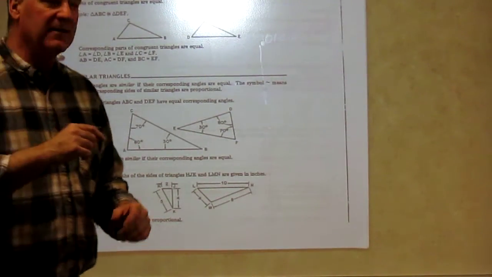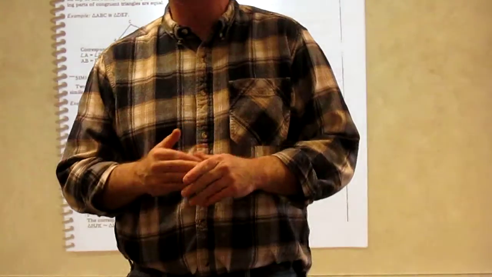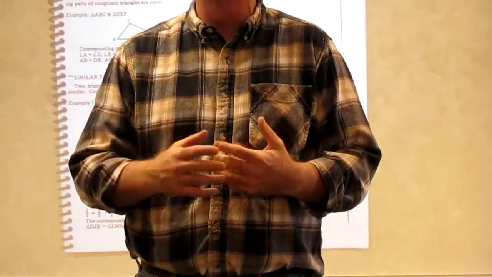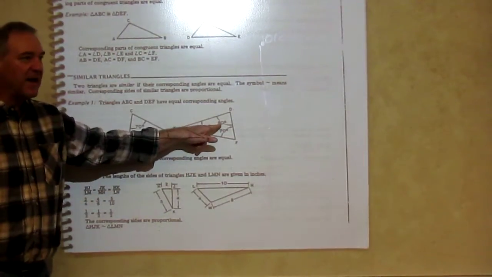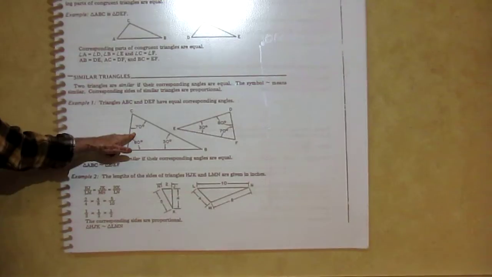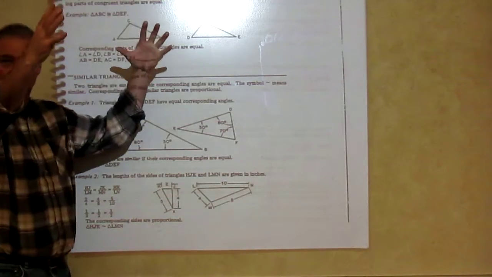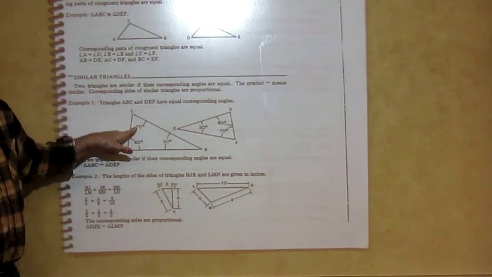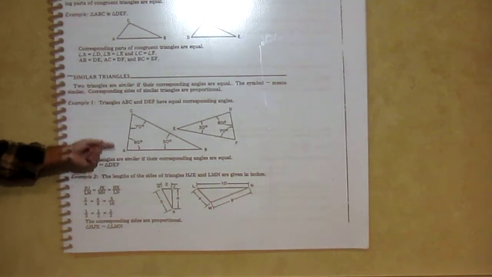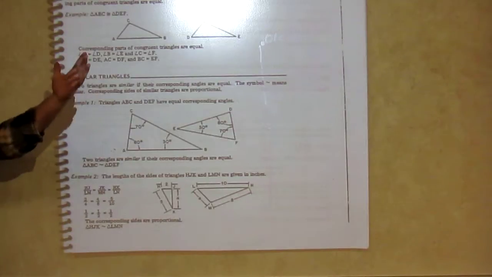Now, when a triangle is similar, what we mean by that is it's proportional. Okay? So if I took one triangle like this one, and I scaled it up to this size, and I scaled it globally, all the same, then they're going to be similar because the angles don't change. Now the length of the sides change because I scaled it, right? But the angles don't. This is where it gets valuable.